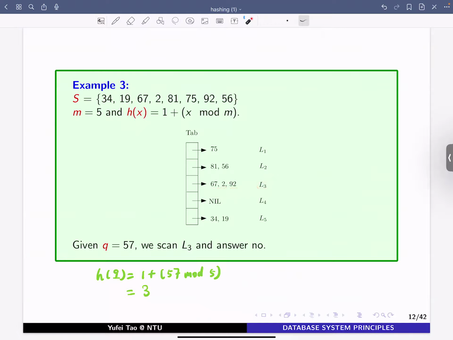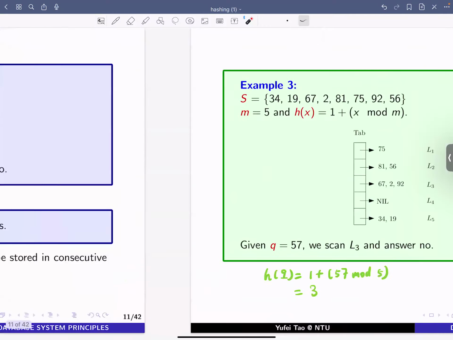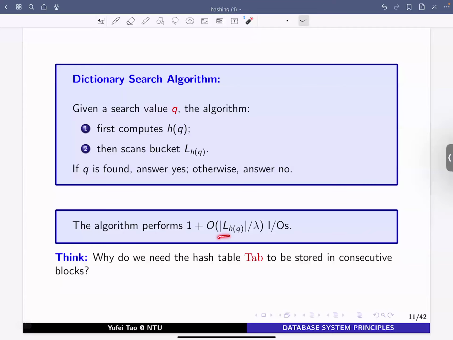So in general, this is the number of elements you have in the bucket. So this is the bucket size, and each bucket can store lambda values, right, up to a constant. So this is the number of blocks that you need in order to read this file. Okay. So overall, this is the I/O cost.